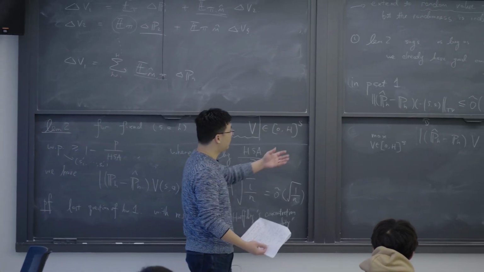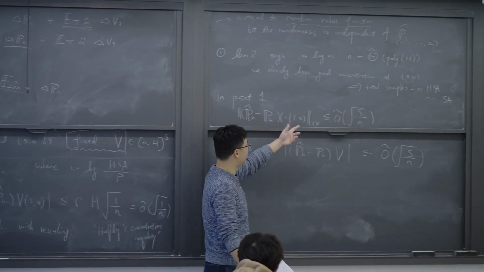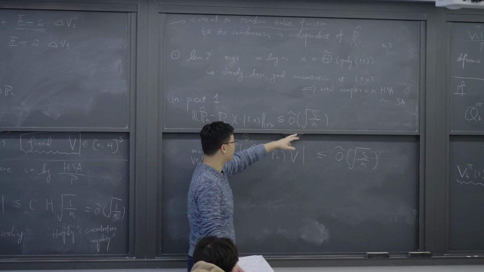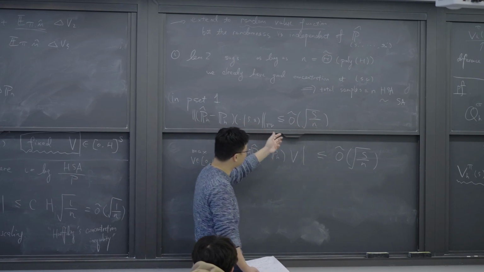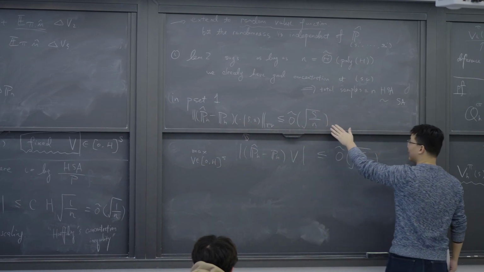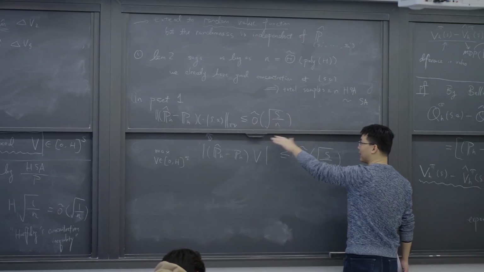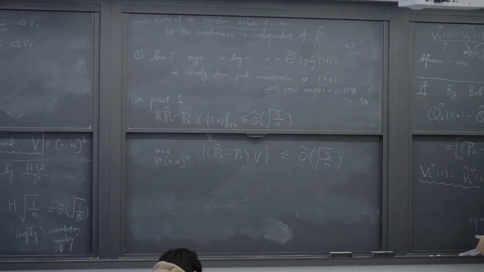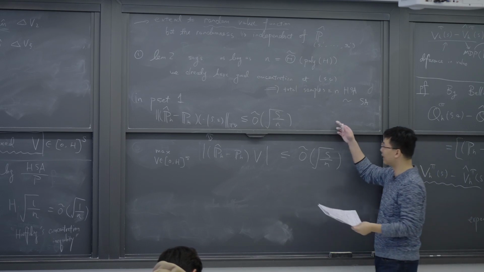So you can see if we use this type of guarantee, we will lose by a factor of S, because for every state action pair, we need to pay some number of S samples to push this error to be something very small. In that case, we will pay S squared A samples.